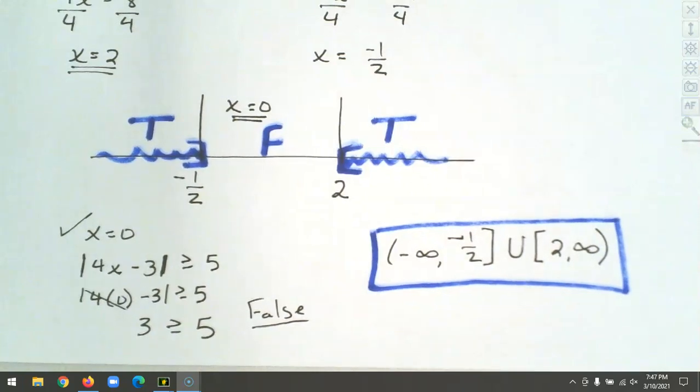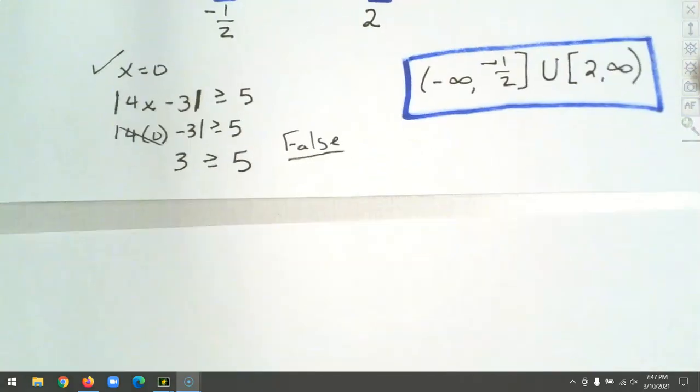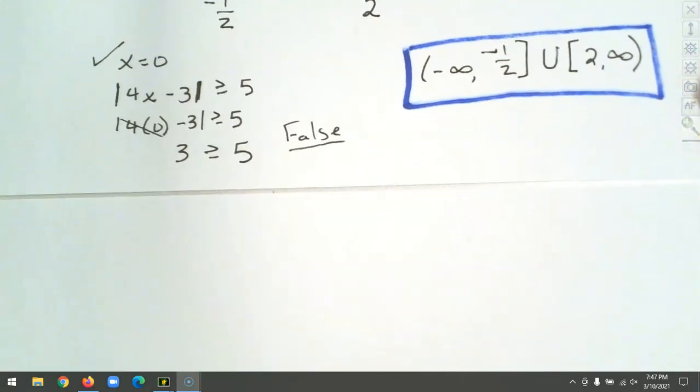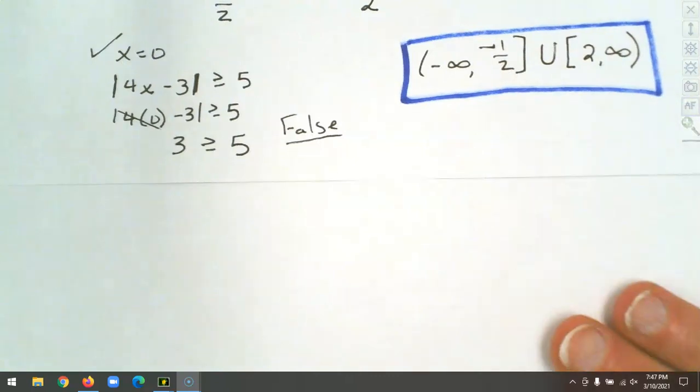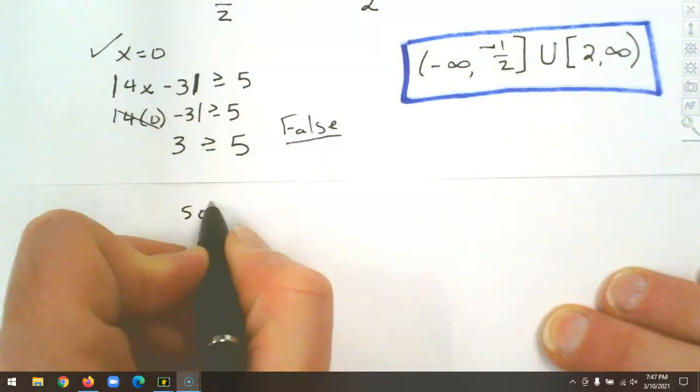Let's try a couple more of these. Then we'll look at an absolute value equaling another absolute value and the special cases. So let's do one more of these. This is again going to be a solve and graph.